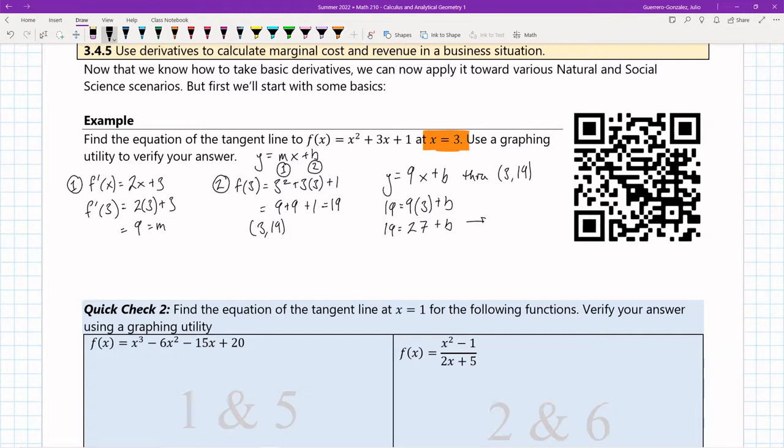This tells us b is equal to negative 8. So we have our m and our b. My final answer: y is equal to 9x minus 8, and we are done. Notice how quick this is now, instead of having to use the limit definition.